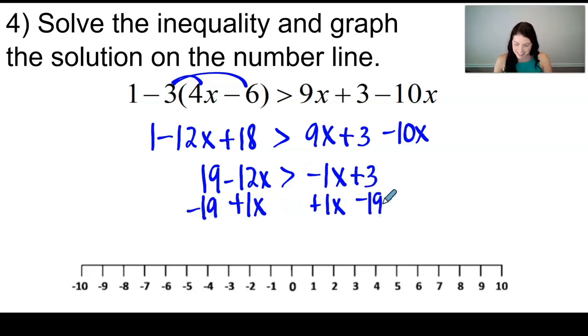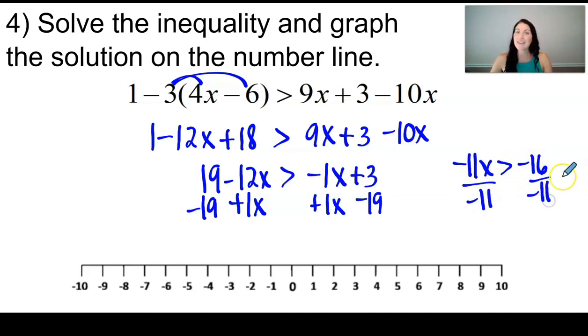Let's come over here to the side, and I would have negative 11x is greater than negative 16, and dividing both sides by negative 11, and since we're dividing by a negative, flip that sign. X is less than positive 16/11.